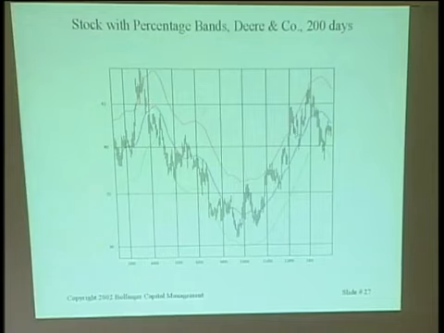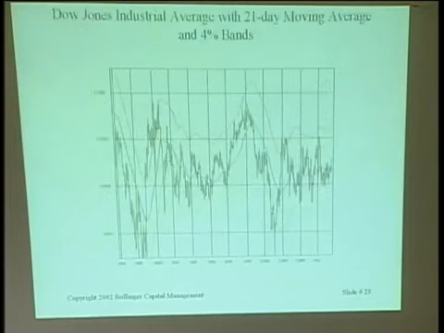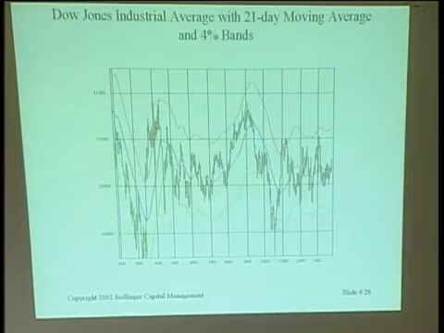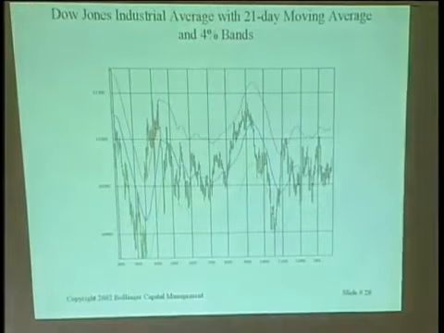So the moving average in this case is a 20-day moving average, and we've projected the bands 10% above that moving average and 10% below this moving average. And this led to one of the earliest rigorous stock market timing systems based on bands. The rules were quite simple.